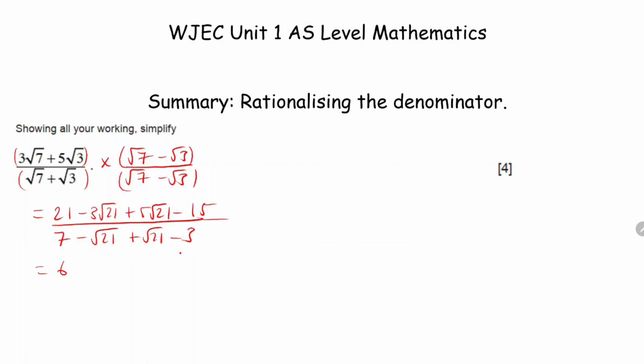And minus 3 root 21 plus 5 root 21 gives you plus 2 root 21. 7 minus 3 is 4. And these two terms will cancel, which gives you an answer of, they can all be divided by 2, so it's 3 plus root 21 over 2.